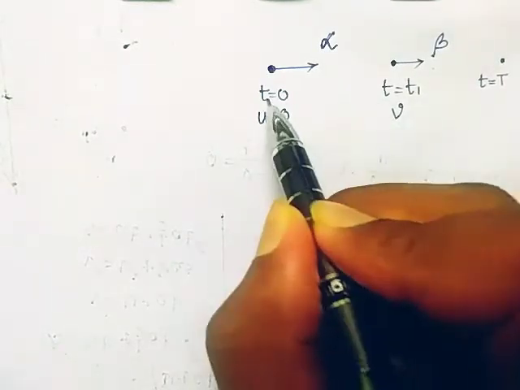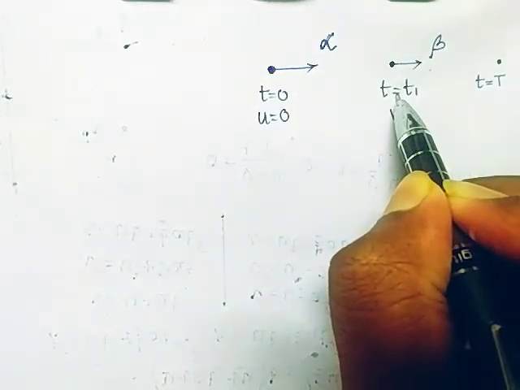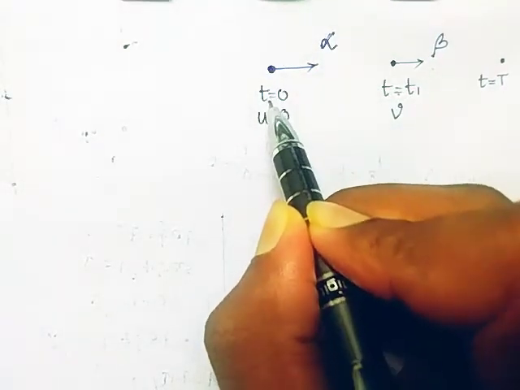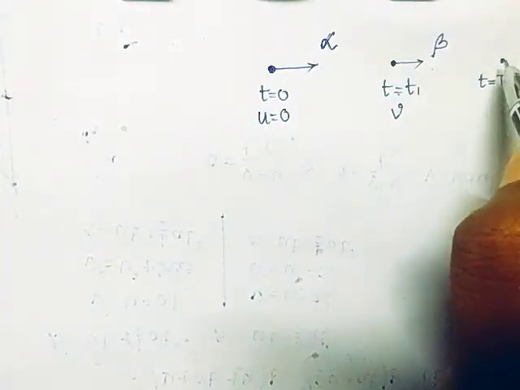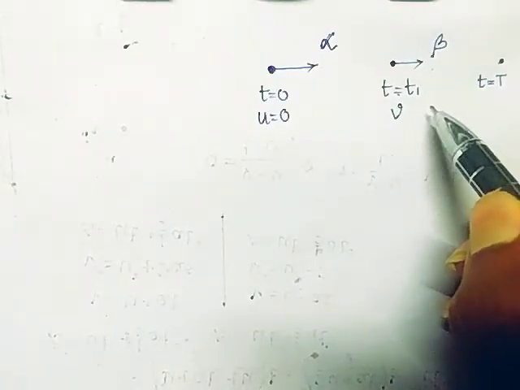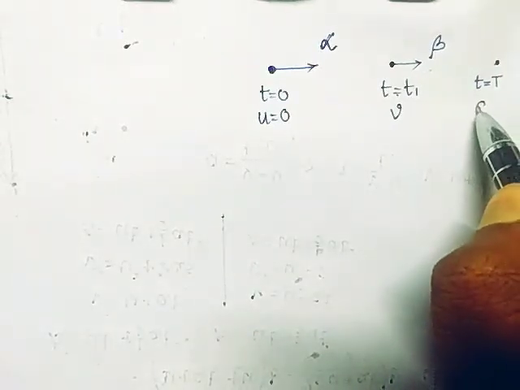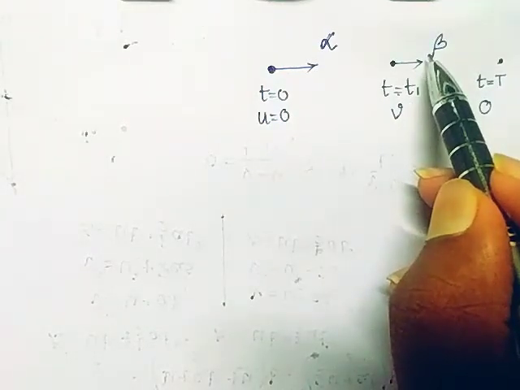With respect to the initial point, not with respect to this position. With respect to the point where the journey starts, at time t equal to capital T, it will be here, and at that time also we can consider its velocity is 0 because the retardation acts on it.